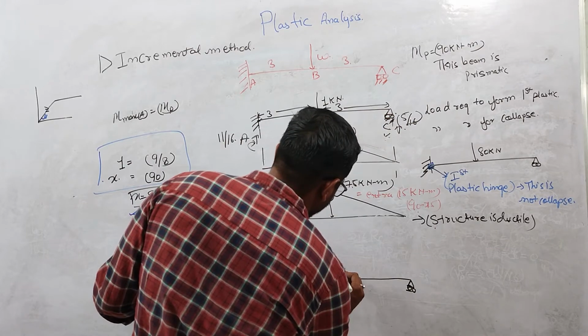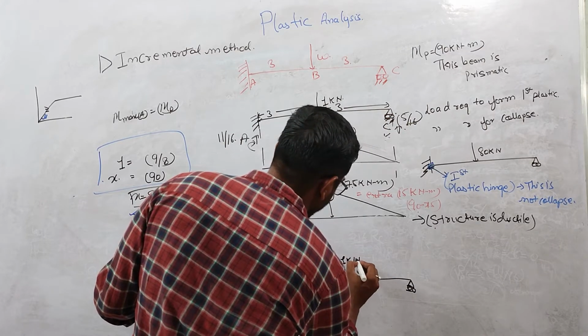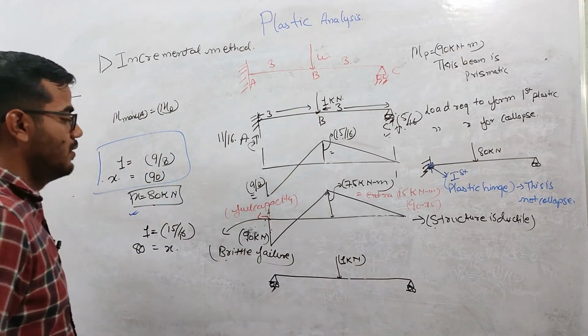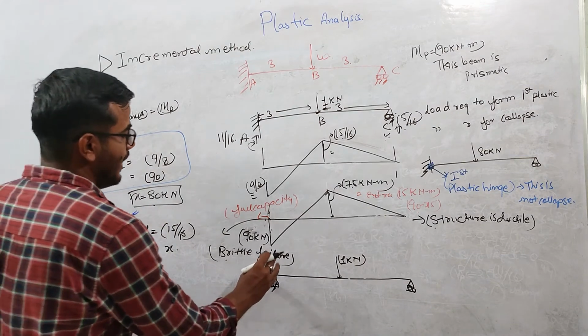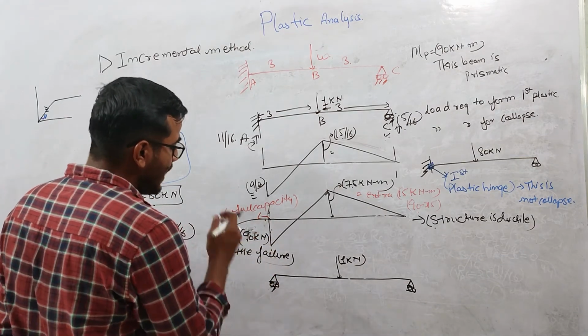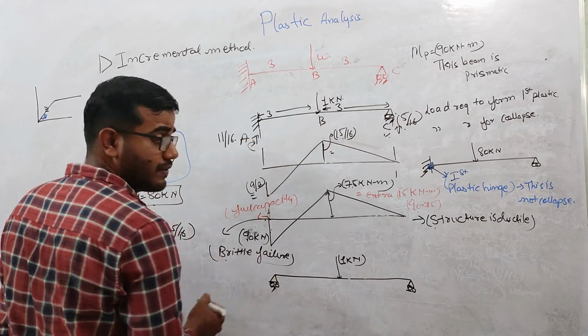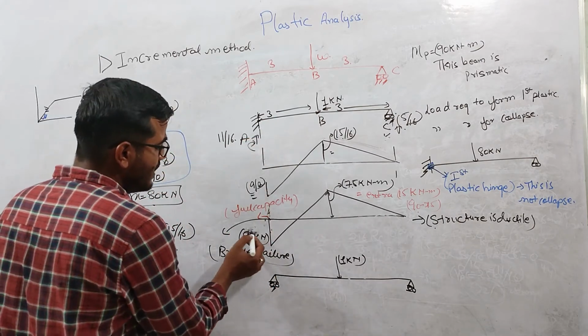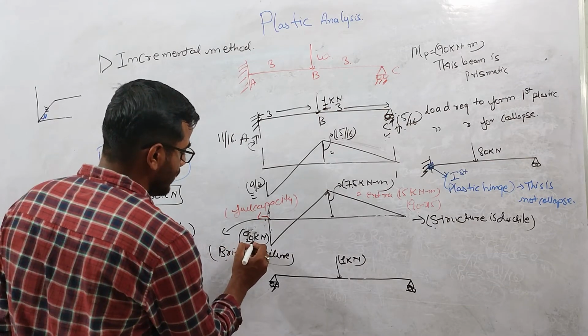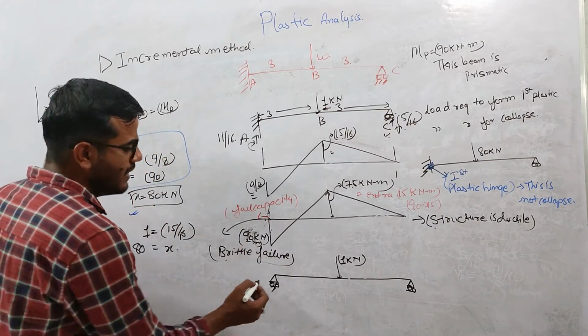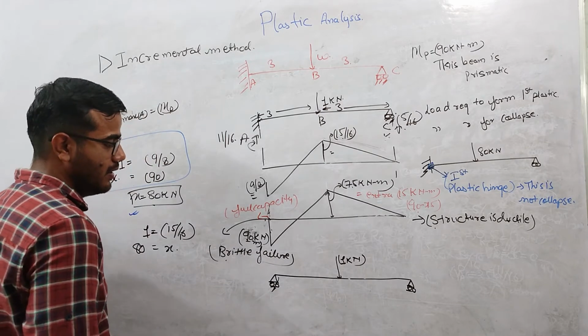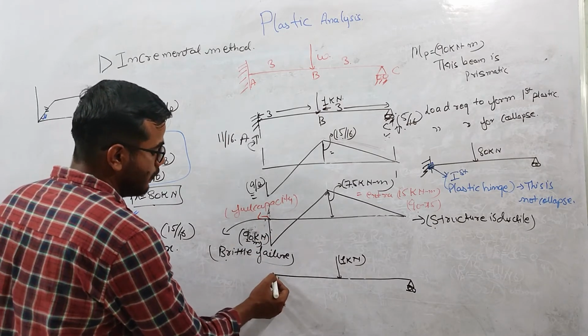Then again I apply a load of 1 kilonewton at this point. This point cannot take any more moment, so what I did here is convert this fixed support into a roller support, because it has already reached its maximum moment capacity and cannot provide any increasing moment. It won't restrict any rotation.